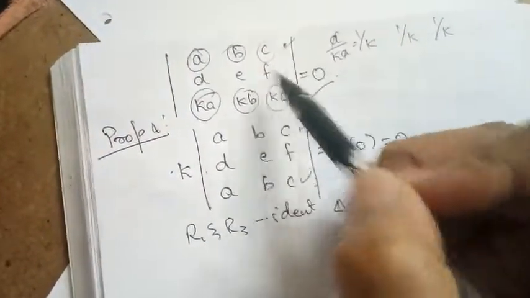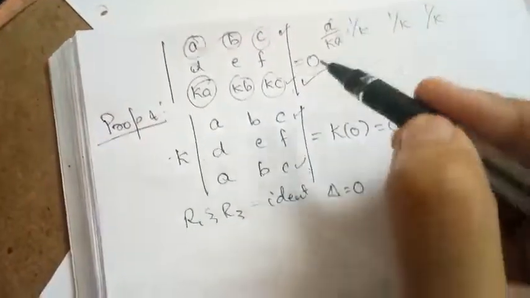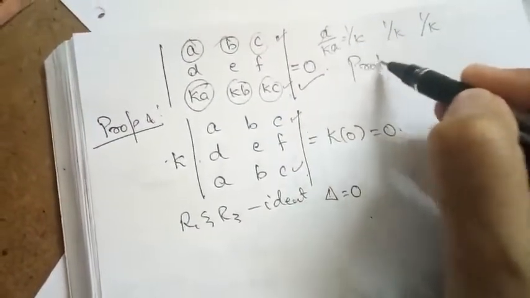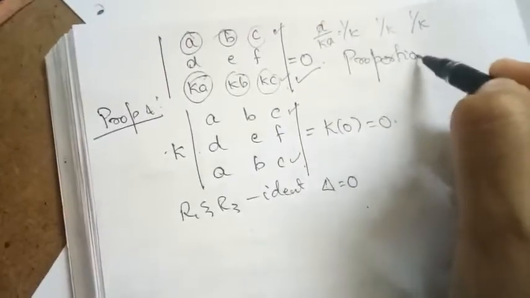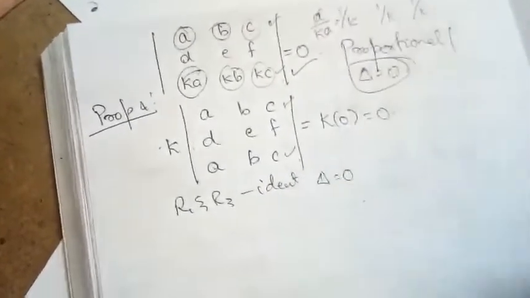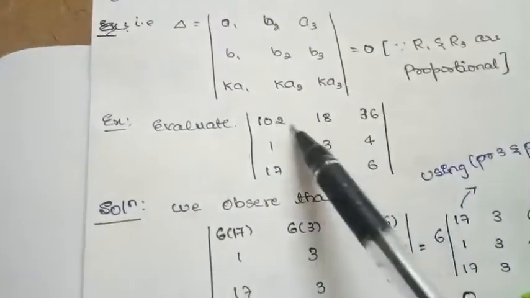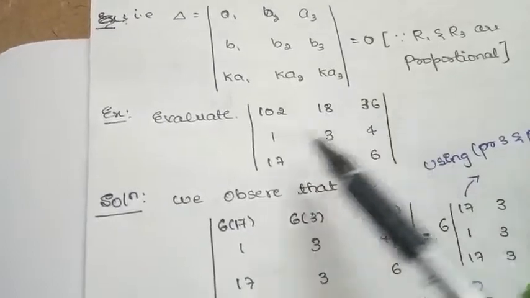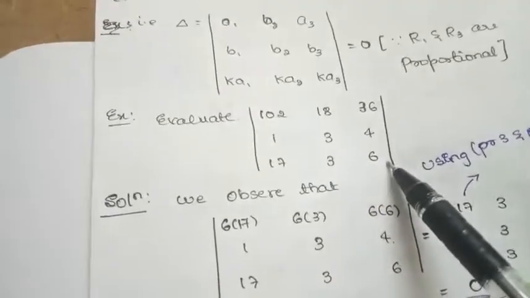If any two rows or any two columns are proportional, or their ratio is the same, then the value of that determinant is equal to 0. So you can see here one example regarding that. 102, 18, 36, 1, 3, 4, 17, 3, 6.